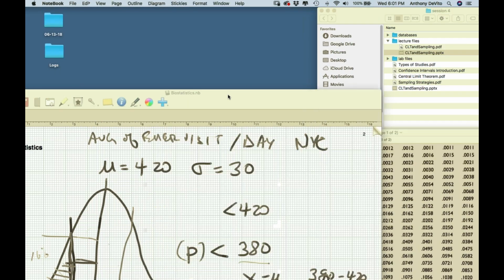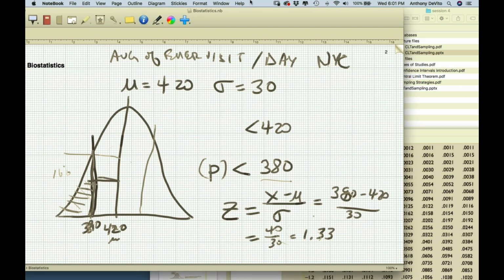So this probability would be equal to 0.0934, or 9.34%. That's the area here. That's the probability that I would randomly choose a date over the past 10 years or something like that, and find that the number of emergency room visits was less than 380. That would occur about 9% of the time.